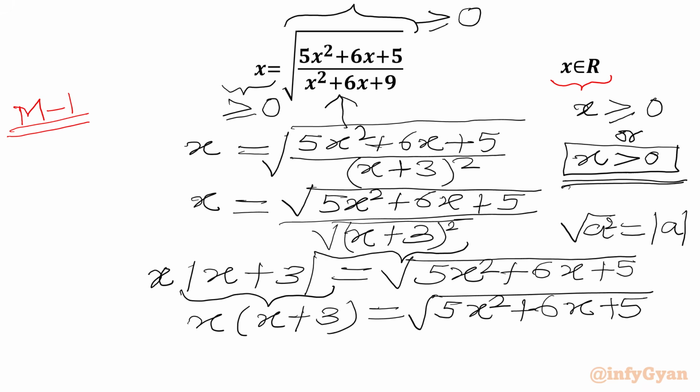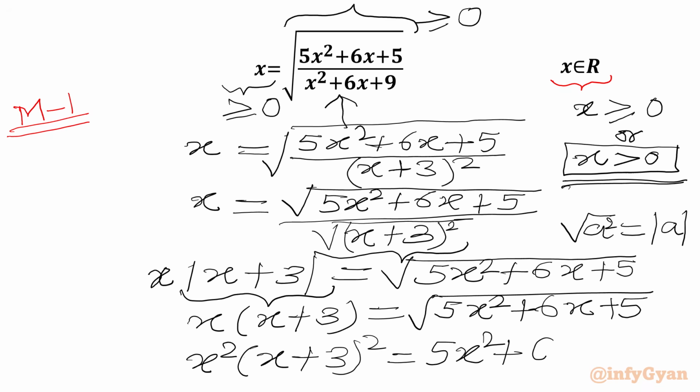Now we'll be squaring both sides. So we can write x square times x plus 3 whole square equal to 5x square plus 6x plus 5. Let's expand x plus 3 whole square.